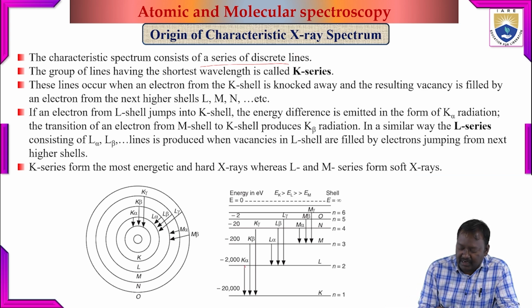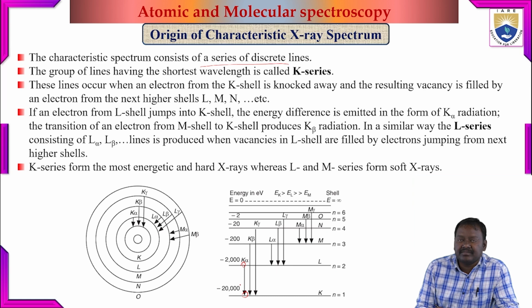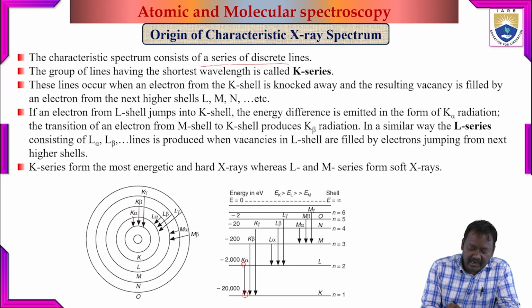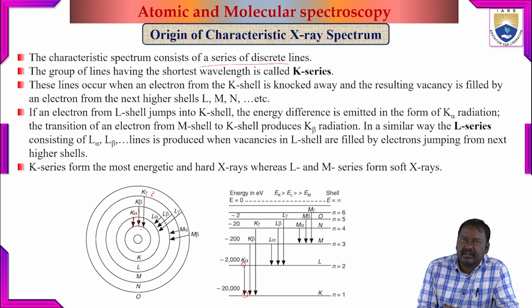When the electron jumps from the L to the K shell, that is called the K alpha line. M to K shell is K beta, and N to K shell is K gamma.